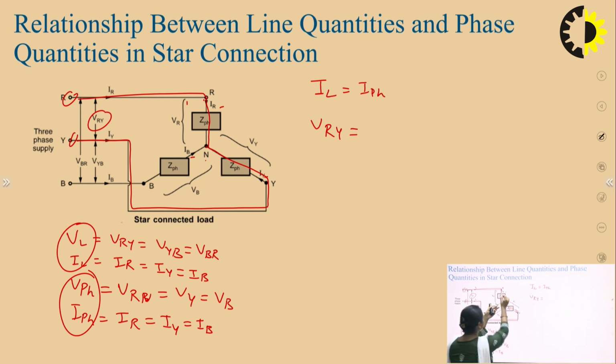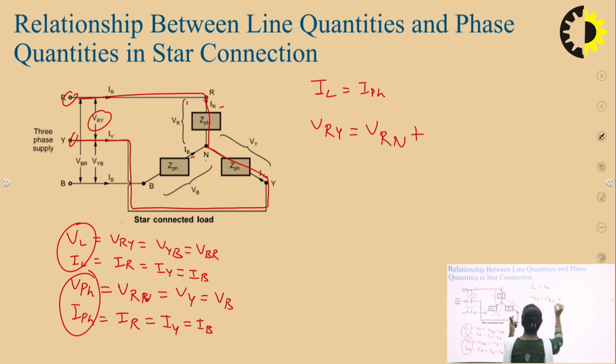This is N point. So from here to here, this voltage is VRN. So you can write VRN plus, then the voltage from this point to this, VNY. So this VRY is equal to VRN plus VNY.